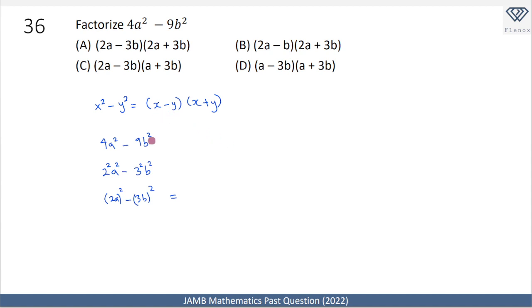Our first number is 2a, minus our second number, 3b, then we multiply that by 2a plus 3b. This is reflected by option A, which is the correct answer.